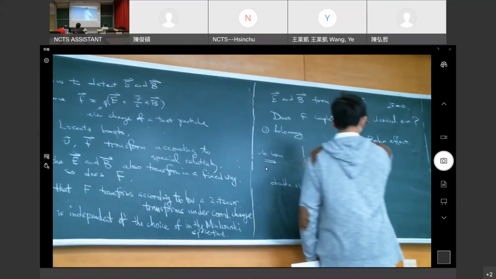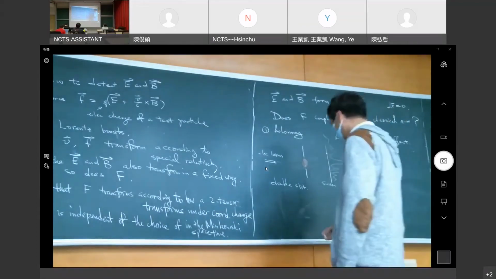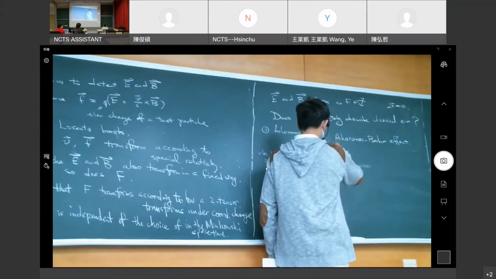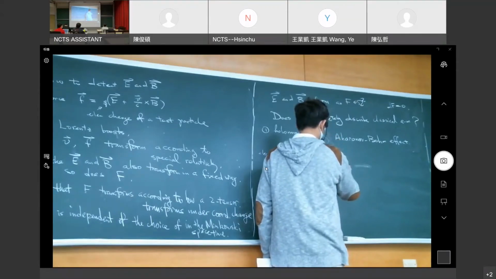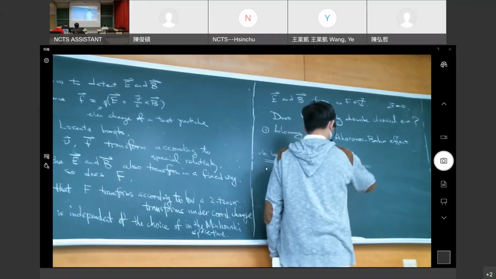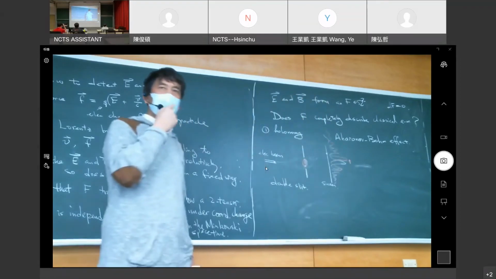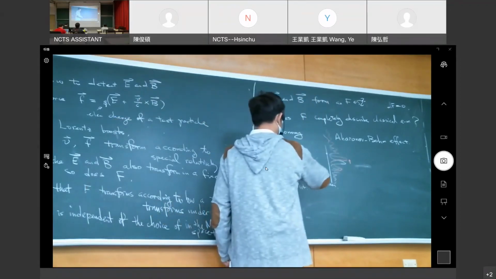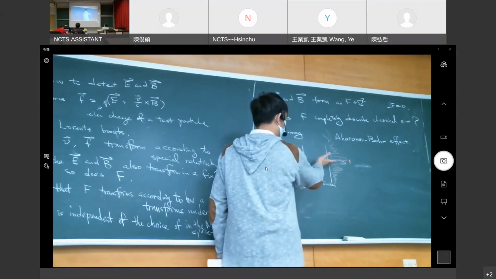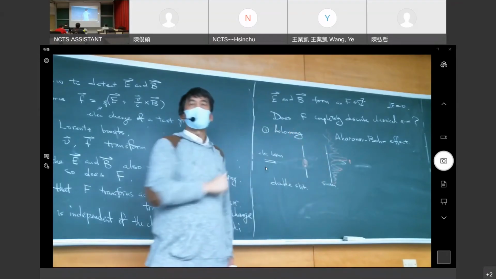That is called the Aharonov-Bohm effect. The effect is that the interference pattern is the same, but it's shifted a little bit. So the same pattern, there's a shift. And this shift means that the phase traveling from here and there is slightly shifted.